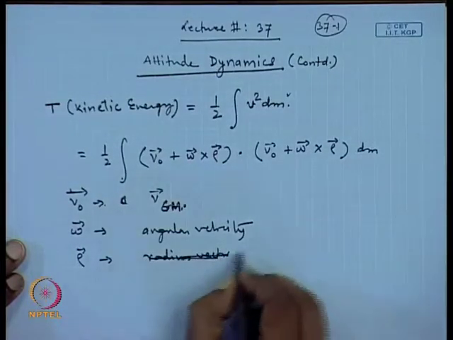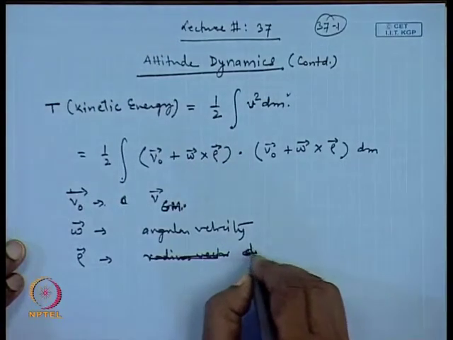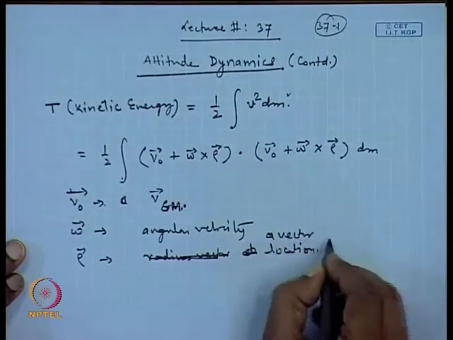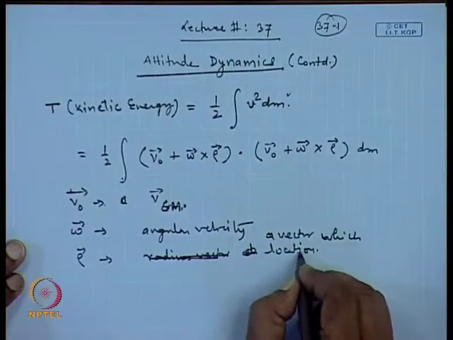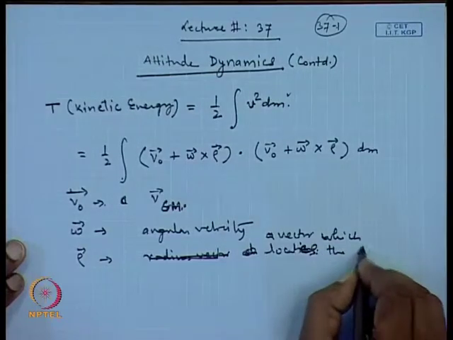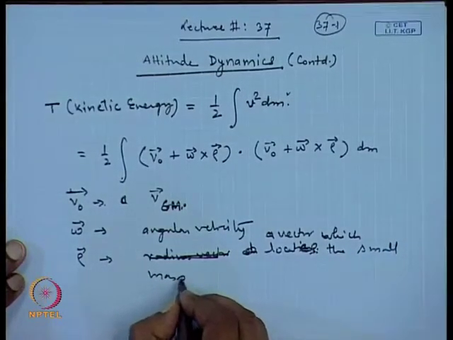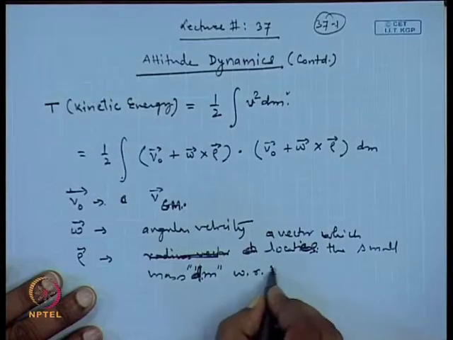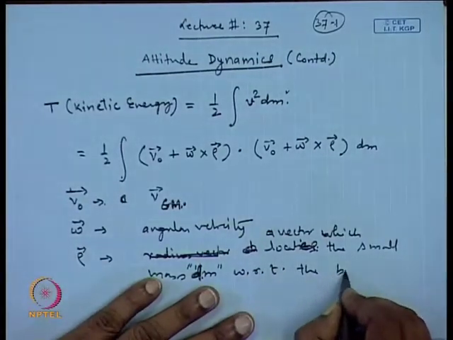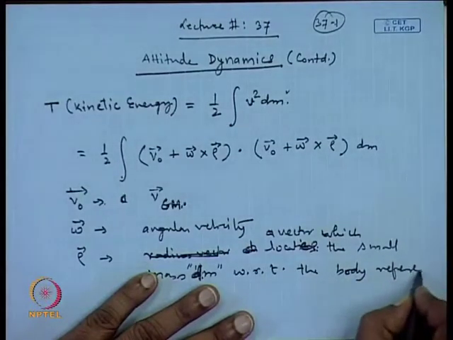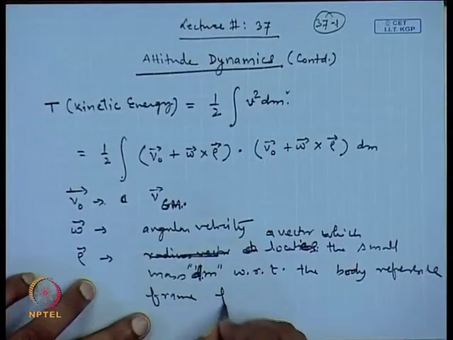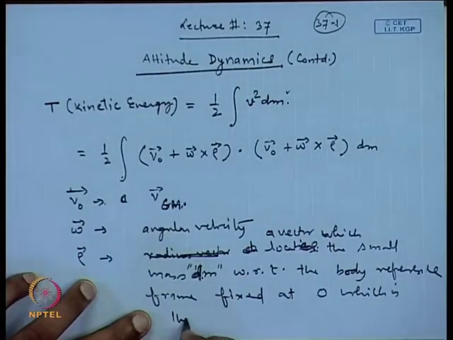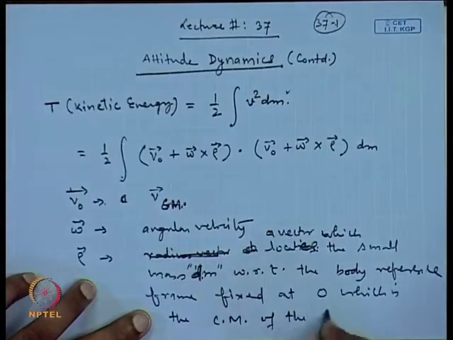It is a vector which locates the small mass dm with respect to the body reference frame fixed at O, which is the center of mass of the body.